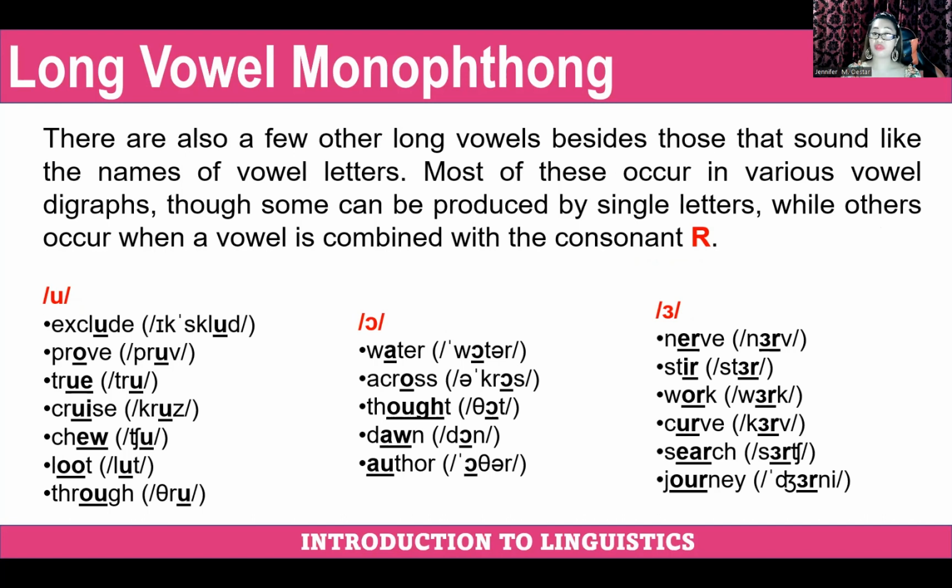Most of these occur in various vowel digraphs, though some can be produced by single letters, while others occur when a vowel is combined with the consonant R. So there are instances that when a vowel is combined with a consonant R, we can produce unique sounds as what we have here. Later on, I will be explaining more. So let's focus first on the examples.